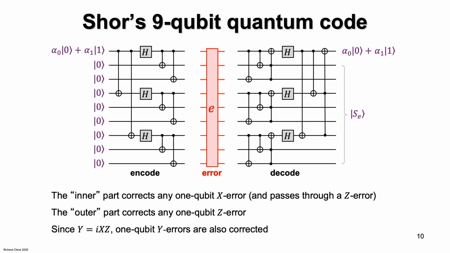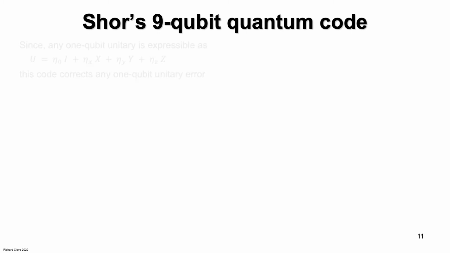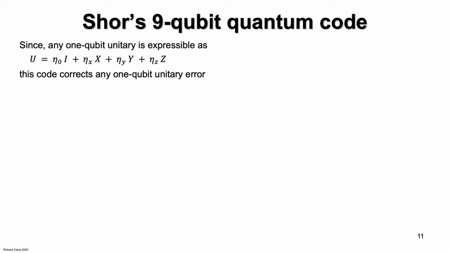What happens if there is an error in 1 qubit which is a unitary operation other than X, Y, or Z? Any 1-qubit unitary U is expressible as a linear combination of I and the 3 Paulis, and we can work out the final state of this error-correcting code.